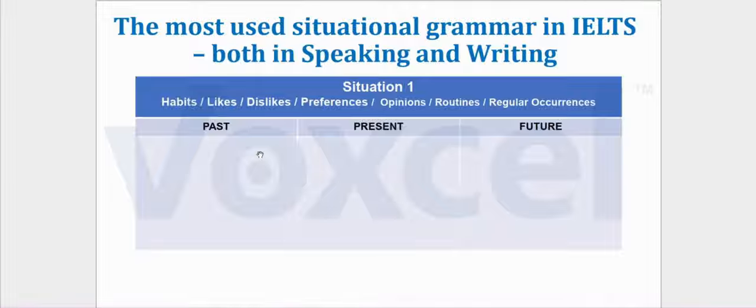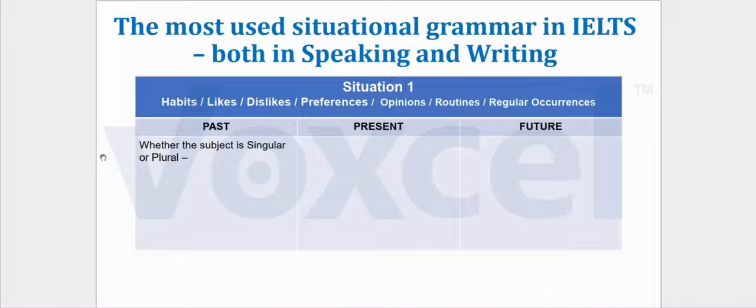So let's see in the past. Whether the subject is singular or plural. So what is the subject? As I have told you, the thing or the person doing that particular thing. If you want to talk about your habits, likes, dislikes, preferences, who is the subject? You are.